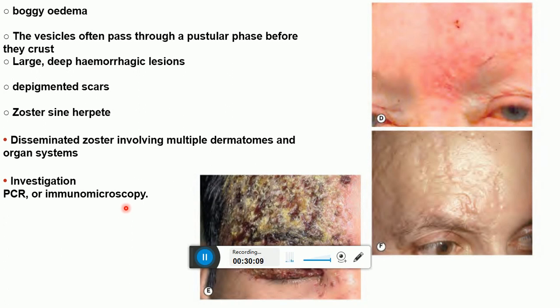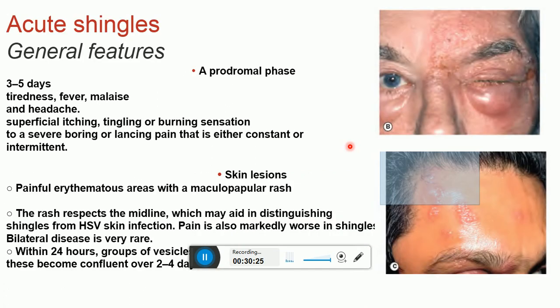Although the rash itself does not affect the lower eyelid in HZO, boggy edema of the upper and lower lids is common. It often spreads to the contralateral side of the face. So there is boggy edema here, you can see.